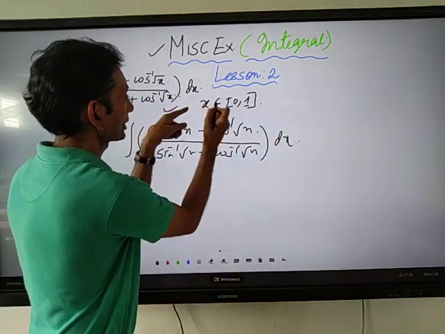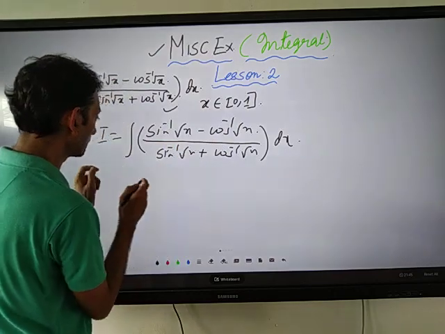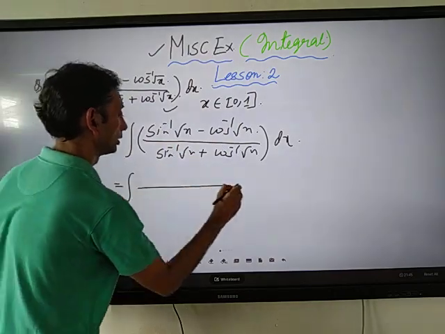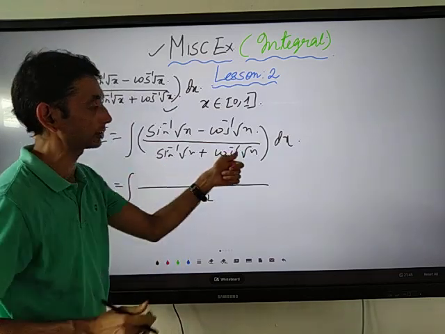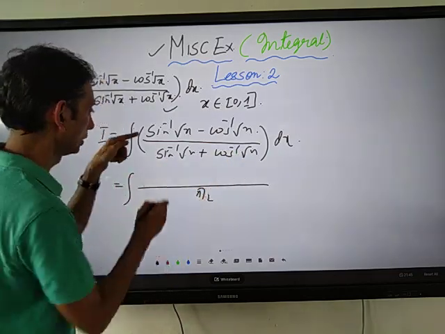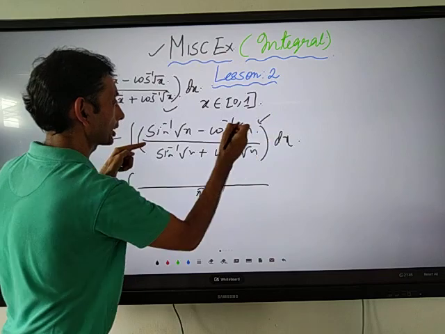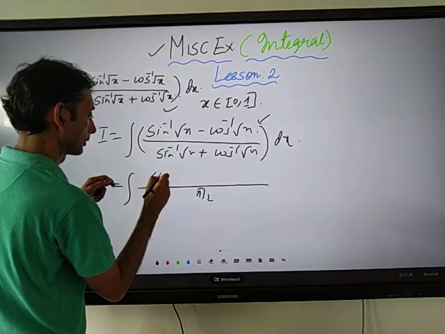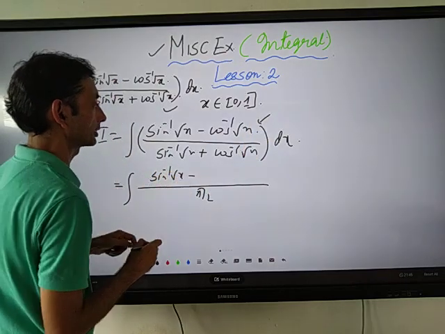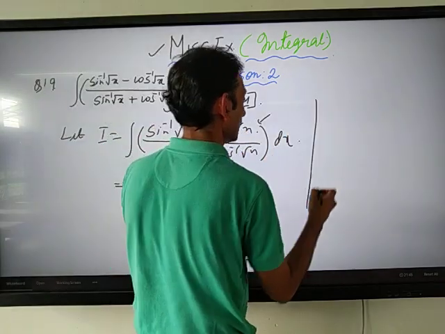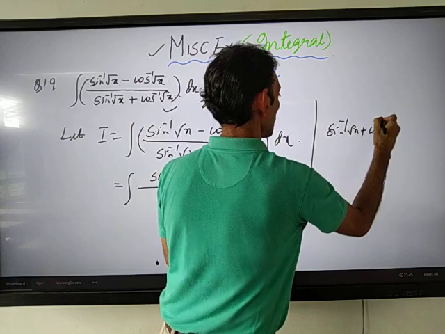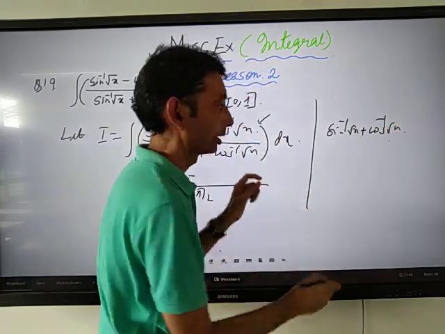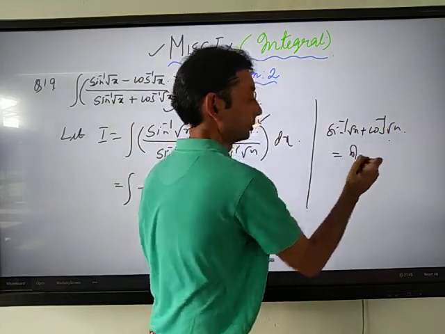Since x belongs to 0 to 1, just use the property of inverse trigonometric functions: sine inverse root x plus cos inverse root x is equal to pi by 2. Similarly, use the same property in the numerator also.